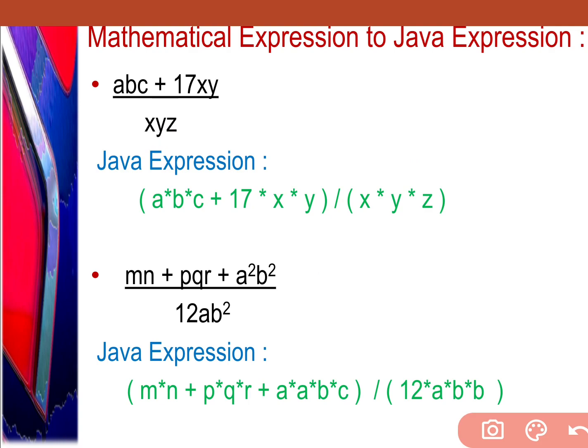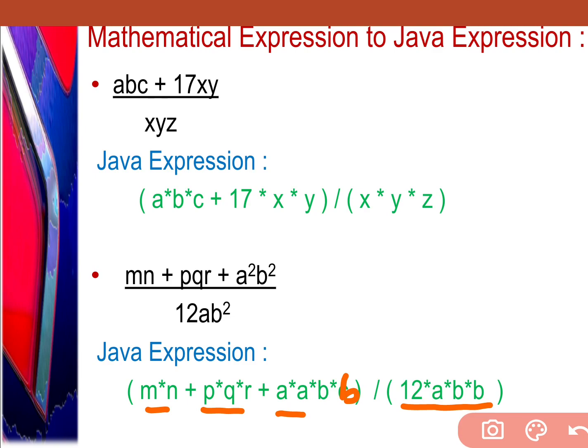And the next expression: mn plus pqr plus a square b square, whole upon 12ab square. It's a simple expression, but in the Java world, how are we going to write it? m into n, p into q into r, a square is a into a, b square is b into b, and 12 into a into b into b.